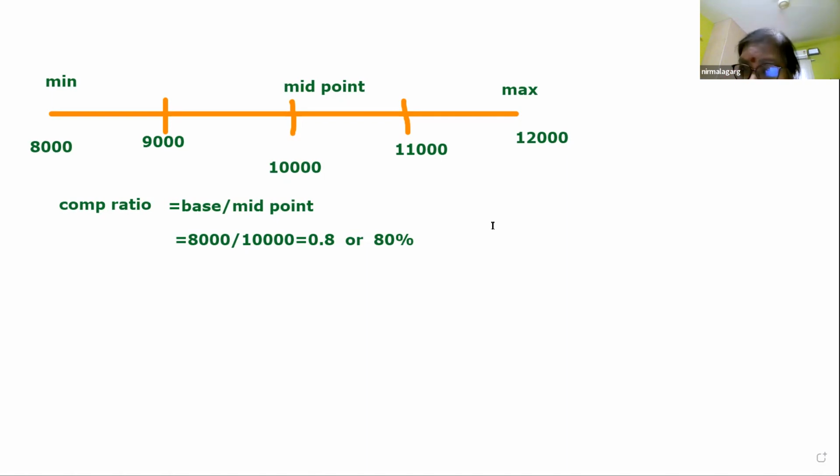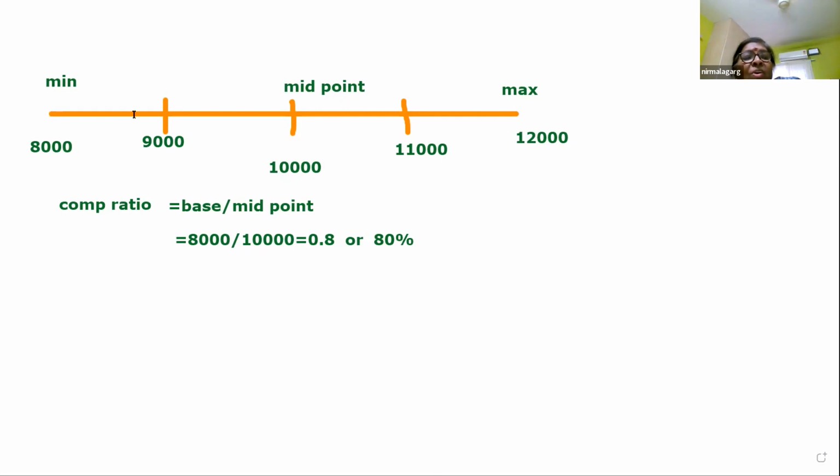So what advantage do you get? If you are at 80%, I can assume that maybe you have just joined and are still at the beginning, at the minimum of this salary range. If Anish has just joined this organization, he is at 80%.